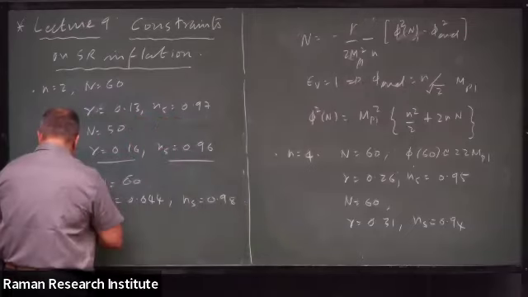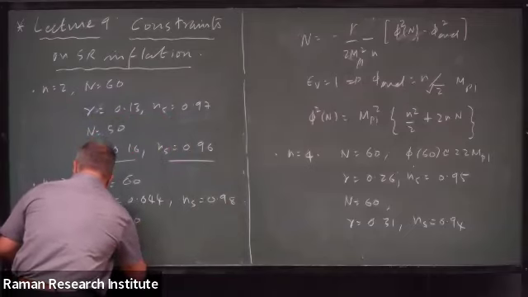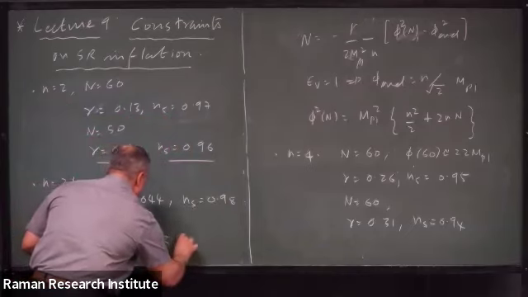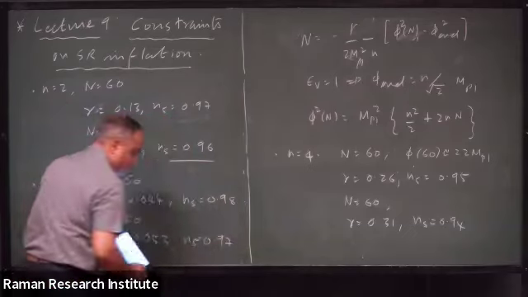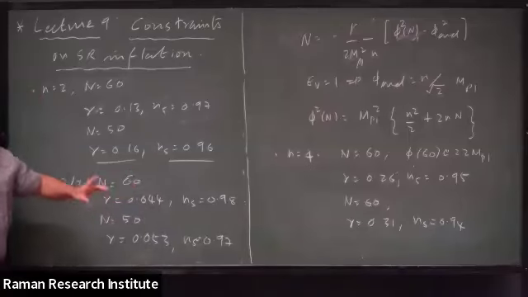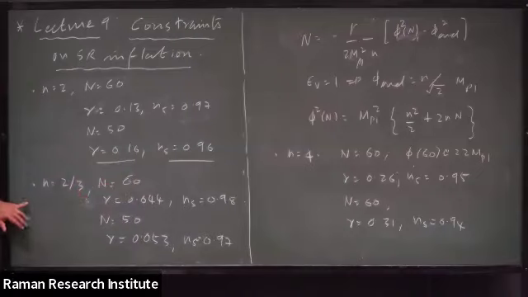And for N equal to 50, R is 0.053, and NS is 0.97. So in other words, phi power n models with n less than 1 do better. That's something you need to keep in mind.